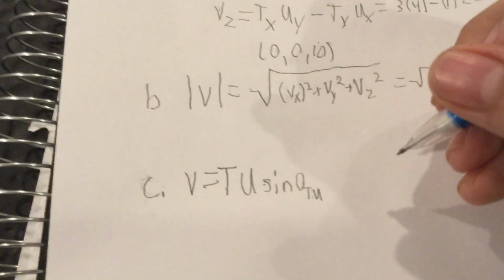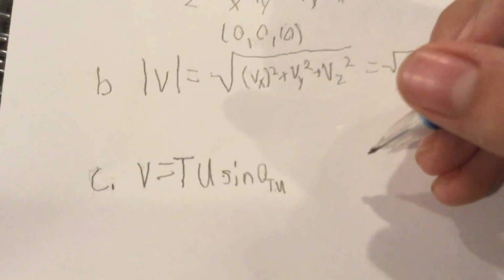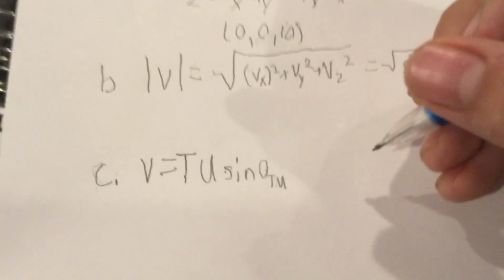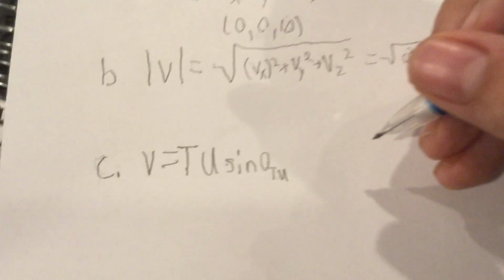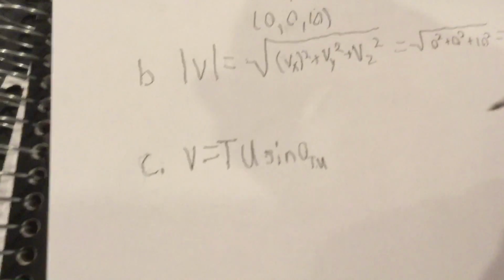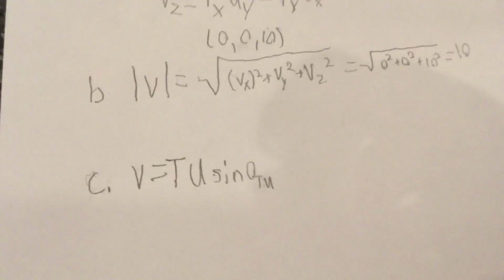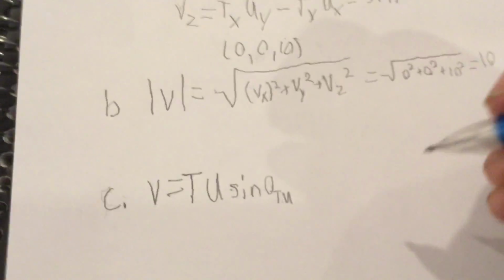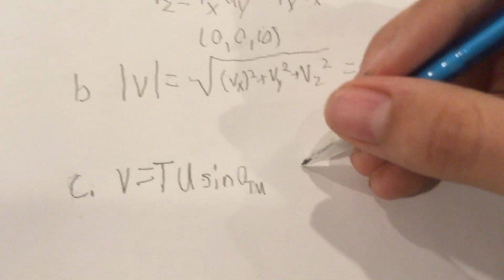So by doing some simple mathematics, we can switch that around, and divide by the magnitude of t and u to find sine theta tu, which is what the question is asking for. We already have the magnitude of v that we found in question B, so we know that it equals 10.